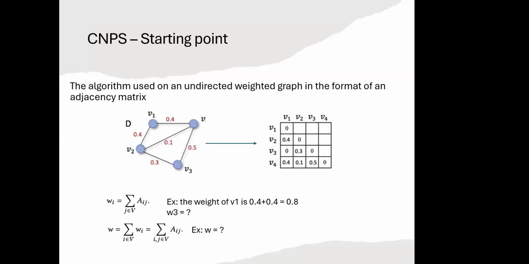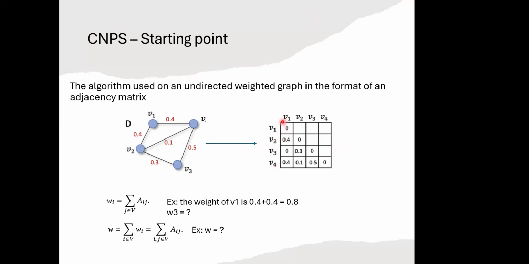Okay, so this is our starting point. We have an adjacency matrix. You remember this is the distance between each pair of nodes.